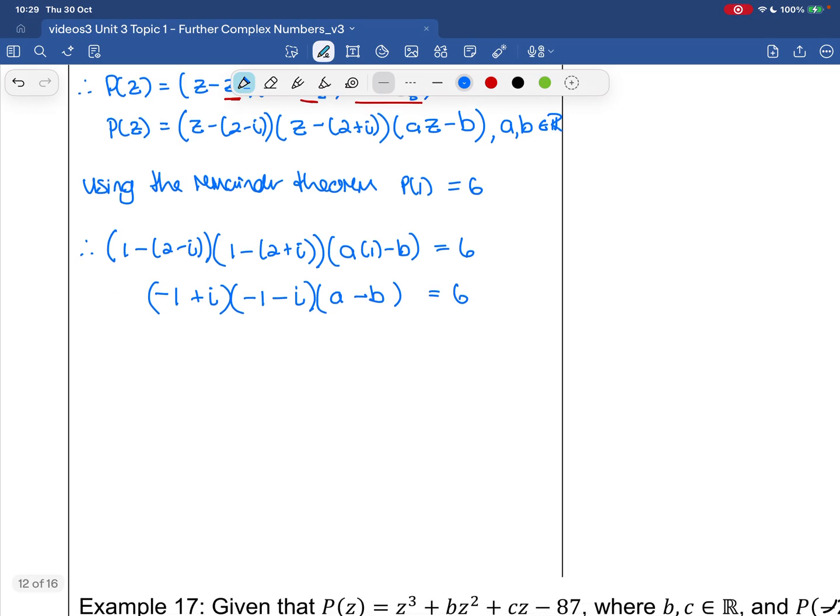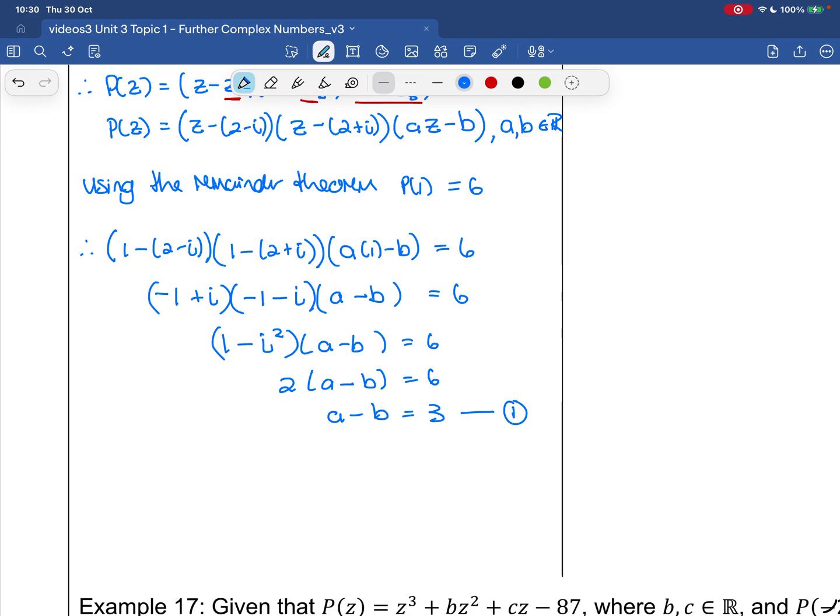And I can expand this, becomes 1 minus I squared times A minus B equals 6, and I squared is negative 1, so 1 minus minus 1 is 2. So A minus B is equal to 3.